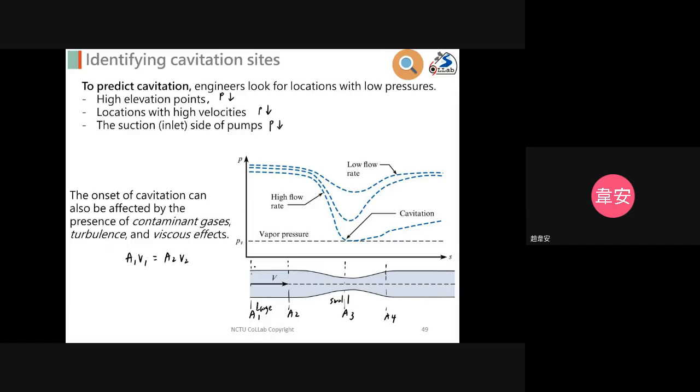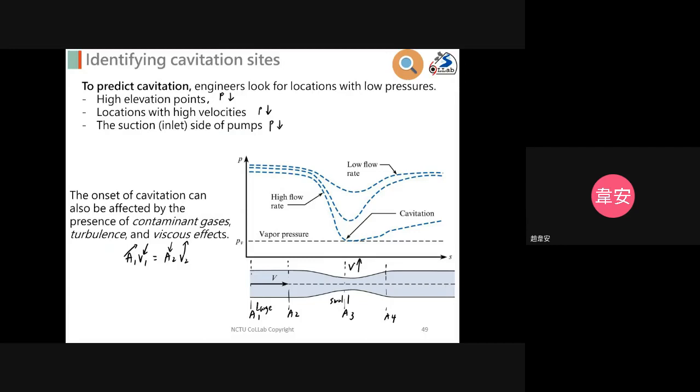If you have a large area, you will have a small velocity. If you have a small area, you will have a large velocity. So the small area is here, and the velocity will increase.